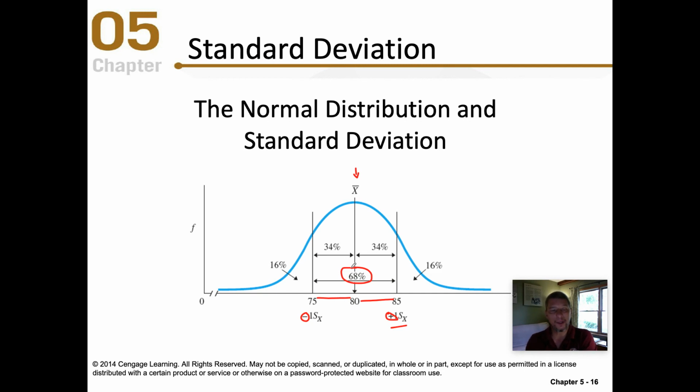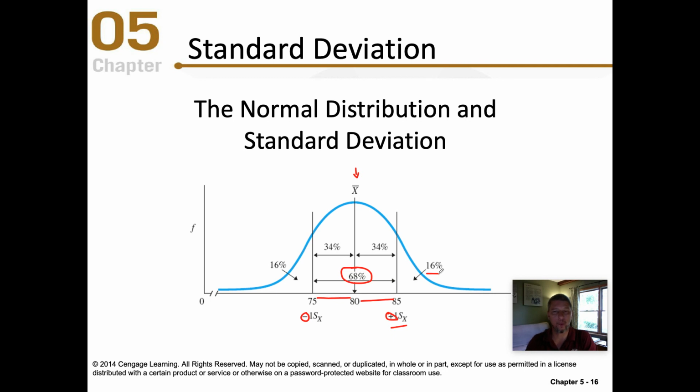I wish that this picture had shown 2 and 3 standard deviations, but the 16% that you see over here is divided into about 11% and 5%. We'll get to that a little bit later on.